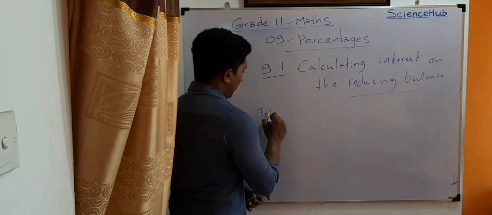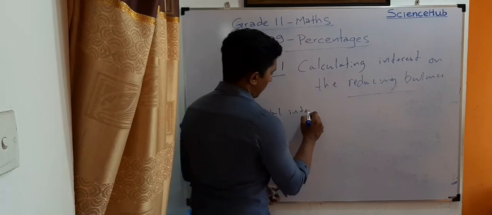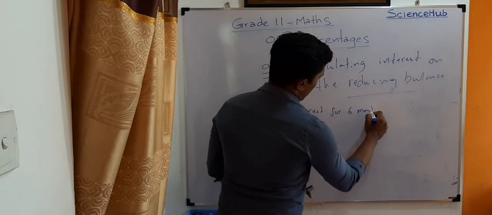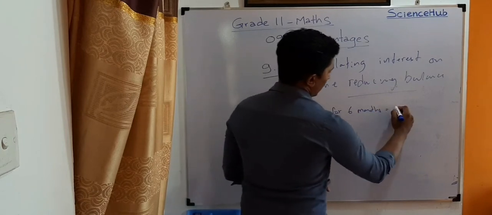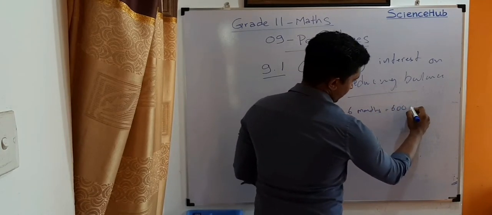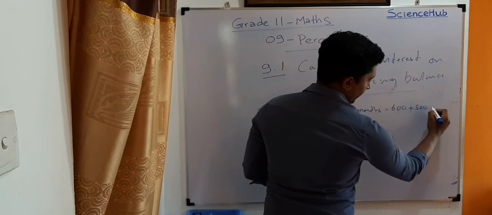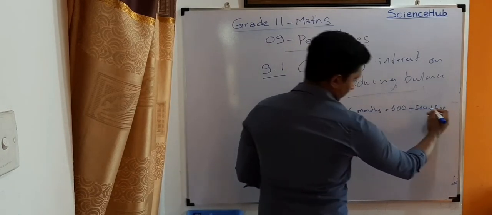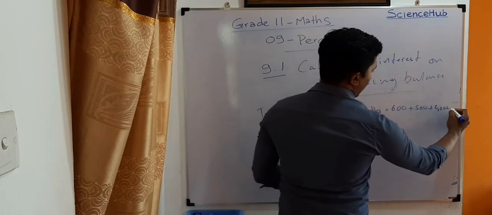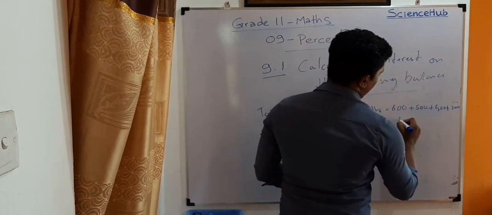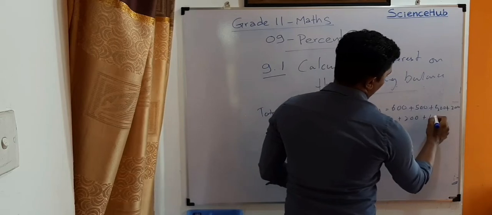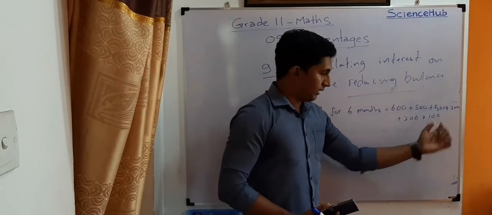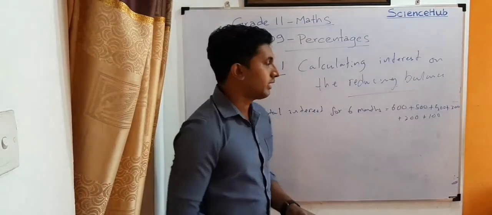Therefore, the total interest for 6 months is equal to 600 for the first month, 500 for the second month, 400 for the next month, and likewise 300 and 200, and 100 rupees is the interest for the last month.